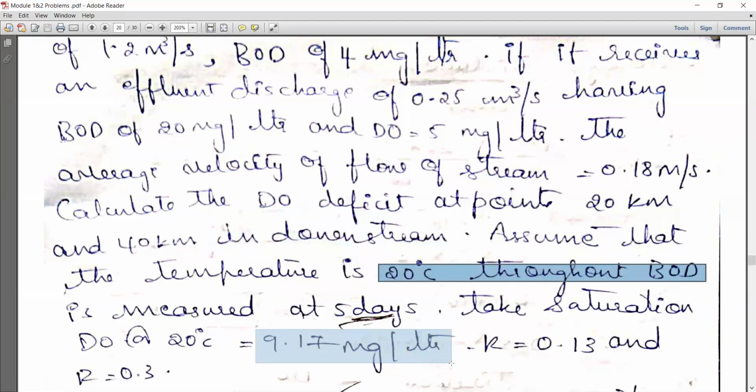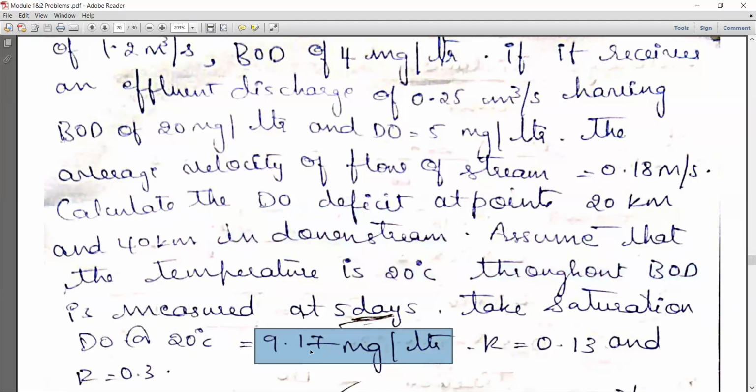9.17 mg per liter. Sometimes they might not give you the saturation DO, but they might give you the temperature of the stream, such as 20 degrees Celsius or 30 degrees Celsius or 0 degrees Celsius. So based on the temperature given, you have to assume the DO.